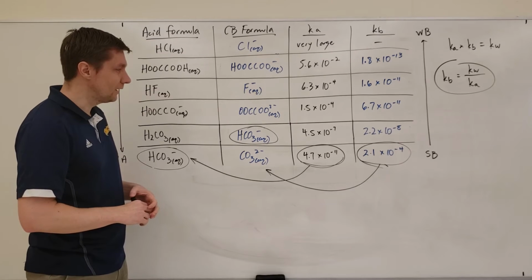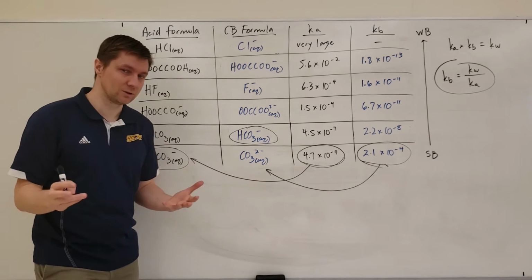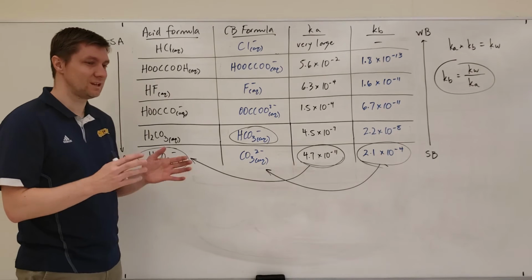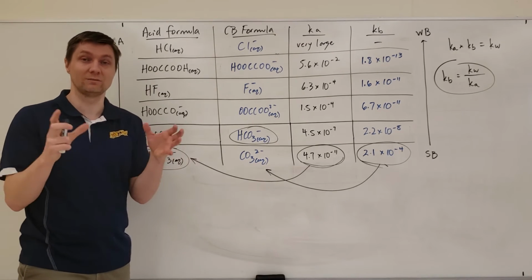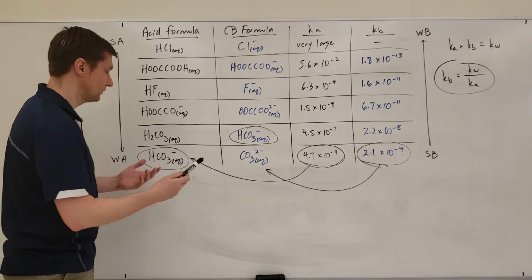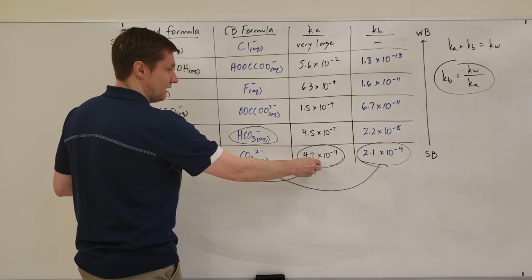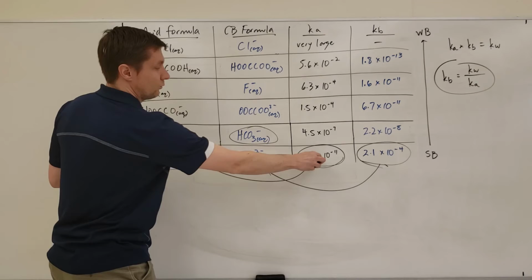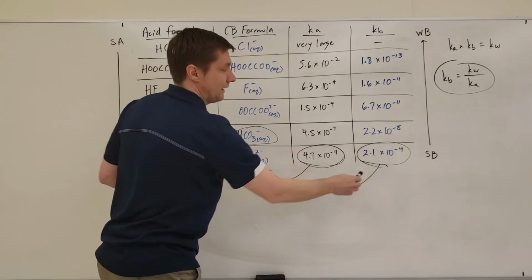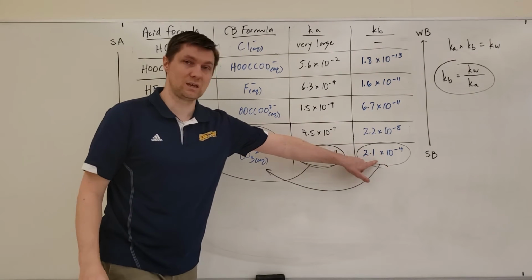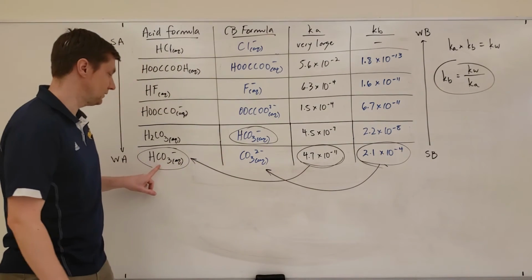One common mistake that kids make with this is when I ask them, what's the Ka and the Kb of an amphiprotic substance? They'll say, here's the Ka, 4.7 times 10 to the negative 11. Then they'll use this formula with this number, calculate that, and think that this is the Kb of HCO3-.